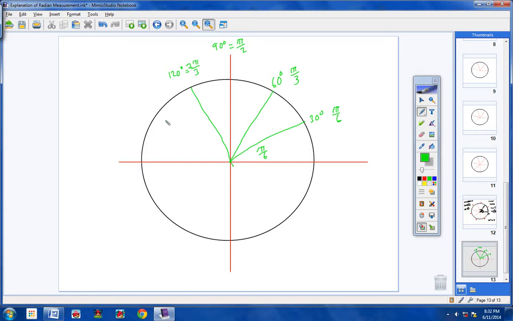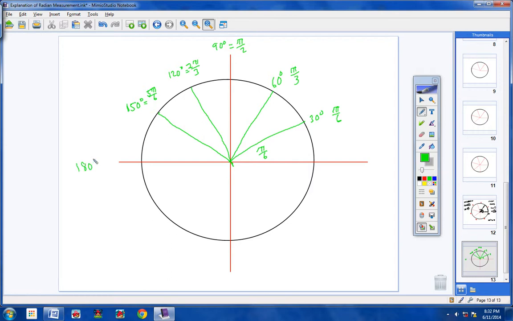Let's do one more and then I'll be done, okay? Let's actually do two more. I'm going to add 30 more degrees, so now I have 150, and every time you add 30 more degrees, you're adding another pi over 6. So now I have 1, 2, 3, 4, 5, 5 1/6, and 5 times 1/6 is 5/6. So I would have 5 pi over 6, and then go 30 more degrees.